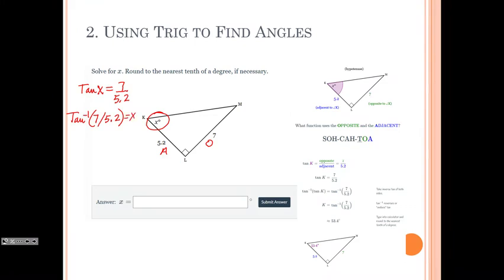So go ahead and pop that in your calculator. We've got 7 divided by 5.2 equals, what do we get? 53, round it to the nearest tenth. So 53.4. This is the answer you'll put into Delta Math.